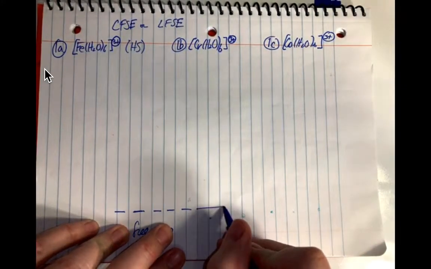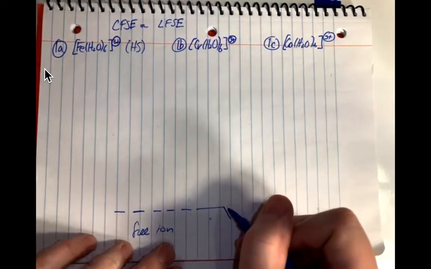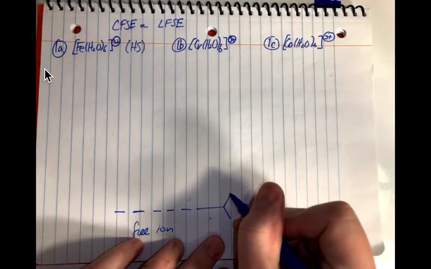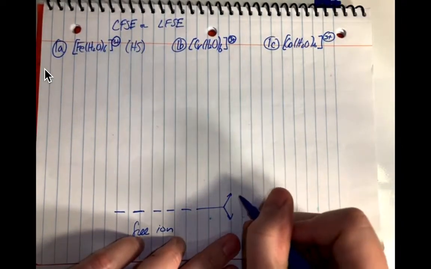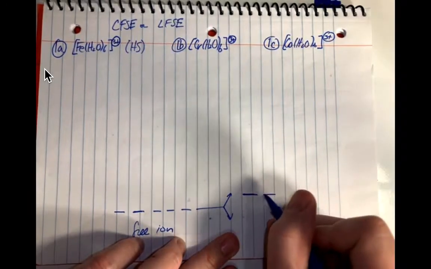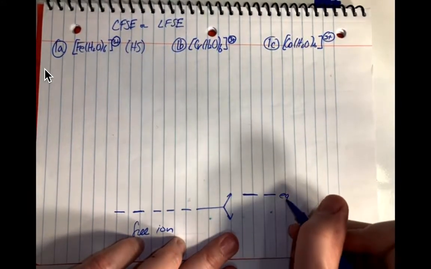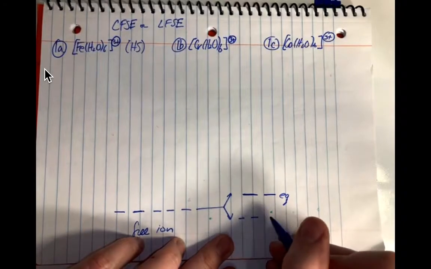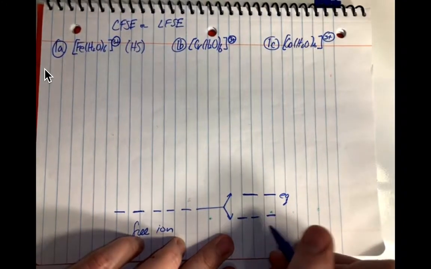However, once we put it into an octahedral crystal field, the d orbitals split into the EG set and the T2G set.